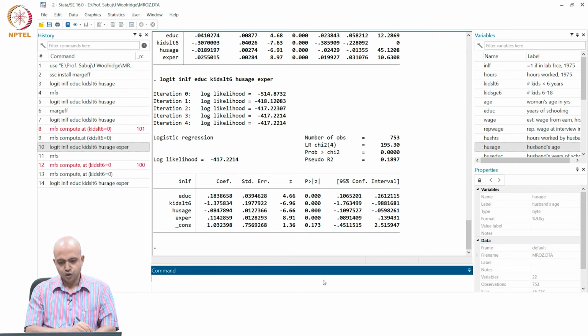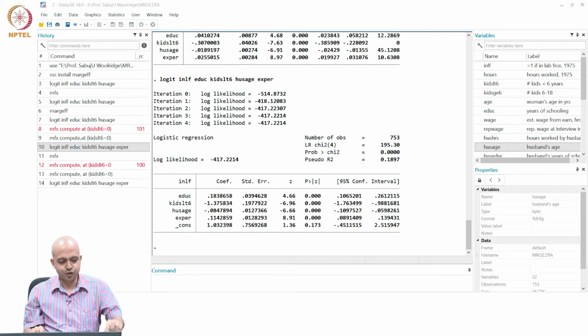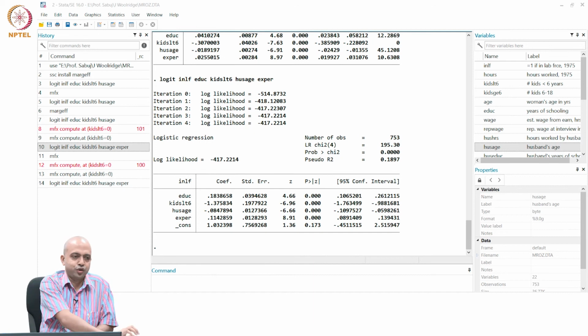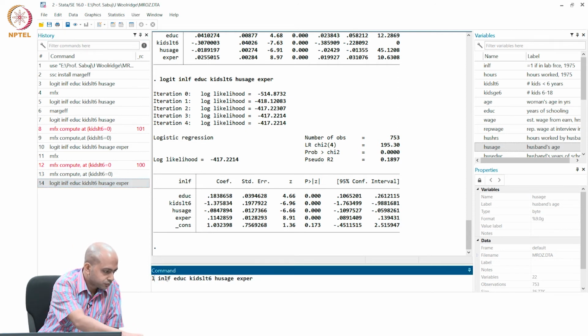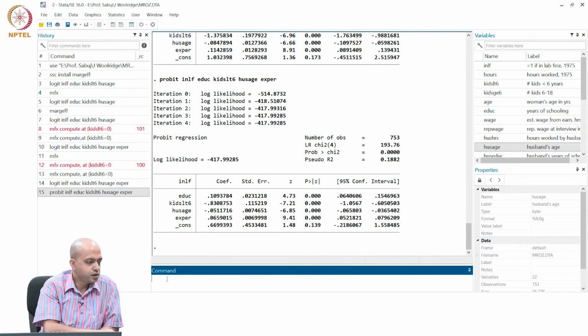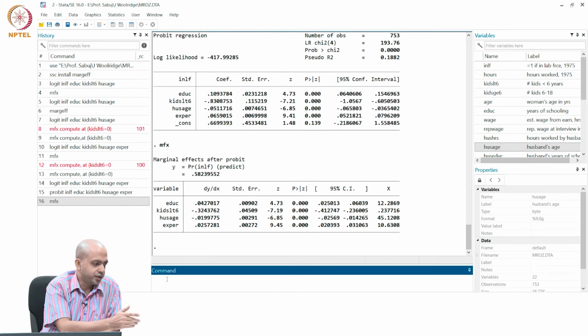So, this is how you can estimate the Logit model and interpret it. In the same way, you can estimate the model using another qualitative response model that we have discussed earlier, which is called Probit. So, instead of Logit, you can put Probit also. If you put the mfx command again, you will get the estimated value.